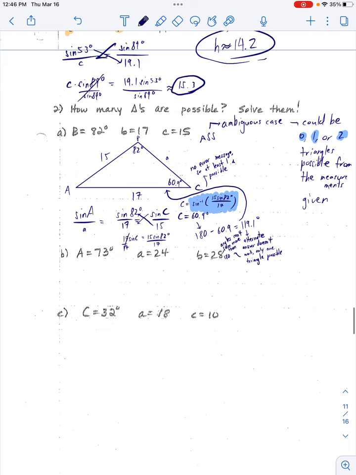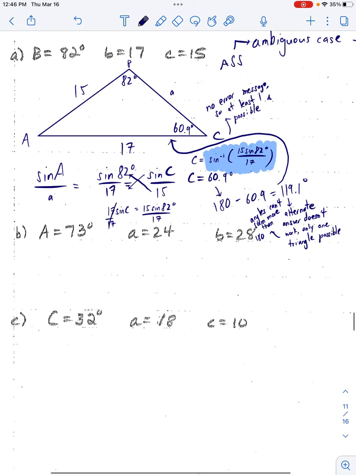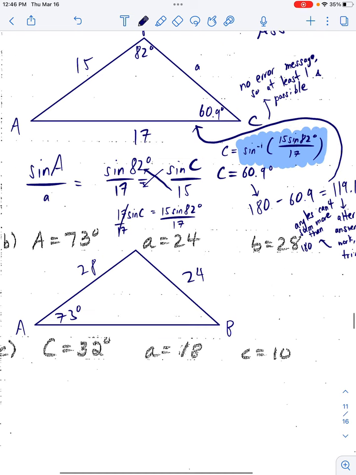Okay, good stuff. All right, let's try this other one right here, B. Again, let's do a little bit of review. We have the ambiguous case here, because they gave us angle, side, side.